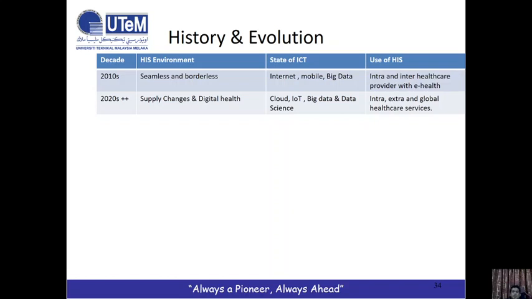So in 2020, HIS or healthcare information system became what we now call the era of digital health. Everything is digital, like a supply chain, from the beginning until the end of managing the hospital, it is digital. And in ICT now we hear about the cloud, IoT, big data, and data science in healthcare systems.